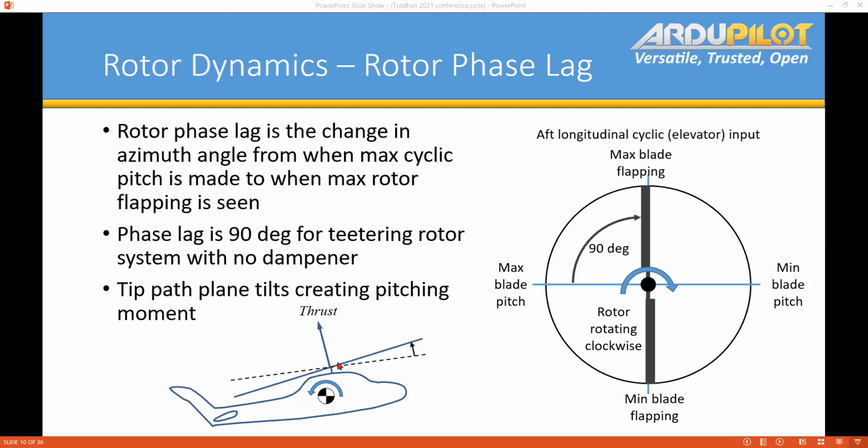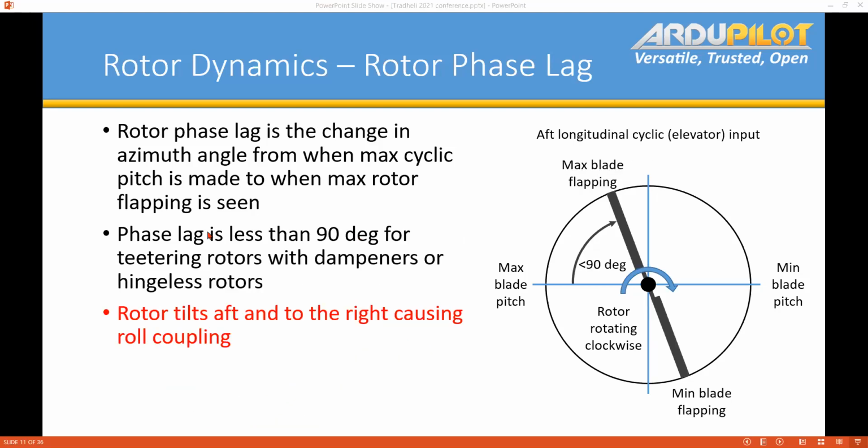That's different from the multi-copters, right? Because their assumption is that the thrust is always perpendicular to the shaft of the motor, or basically the vertical axis of the aircraft. Whereas in our case, the rotor in most cases can change its tip path plane relative to the body, and therefore you can change that thrust vector as well.